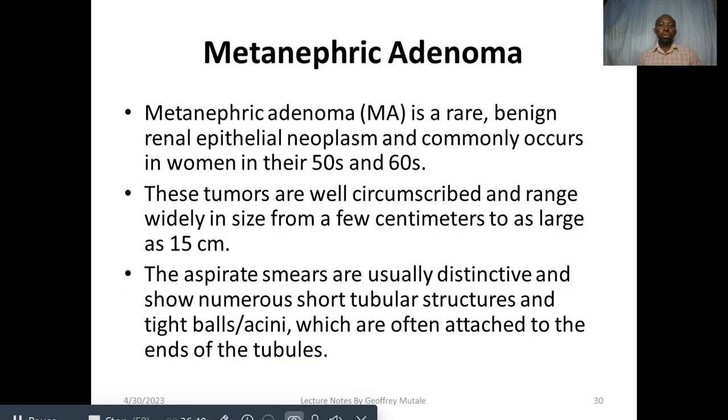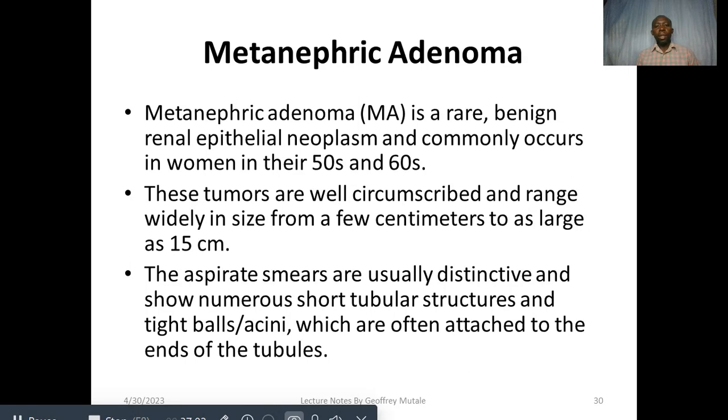So away from the oncocytoma, let's look at the metanephric adenoma. And we say the metanephric adenoma is a rare benign renal epithelial neoplasm and commonly occurs in women in their 50s and 60s.